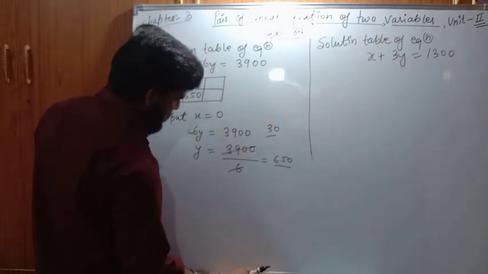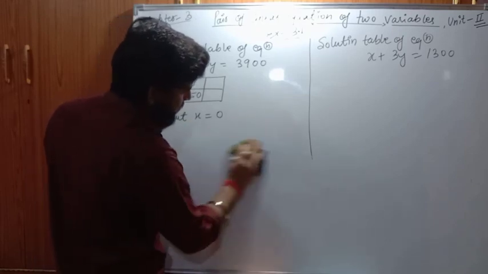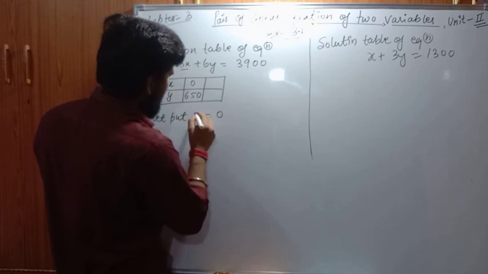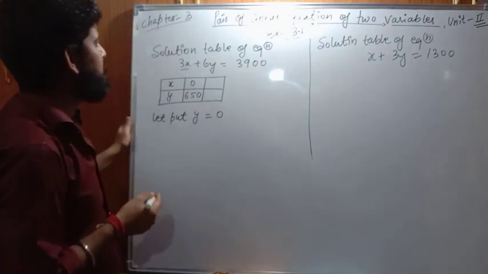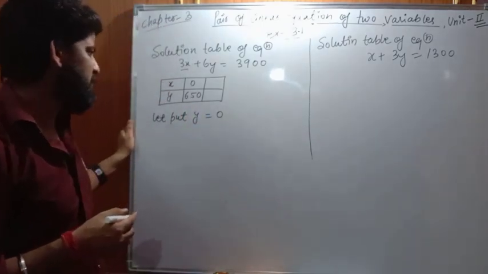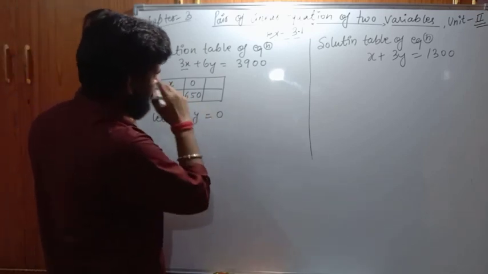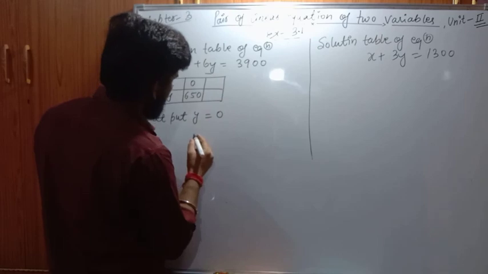Now we put the value of y equals 0. You can put any value of x, 1, 2, 3, 4, whatever you want. So now I'm putting y equals 0, so 6y becomes 0.